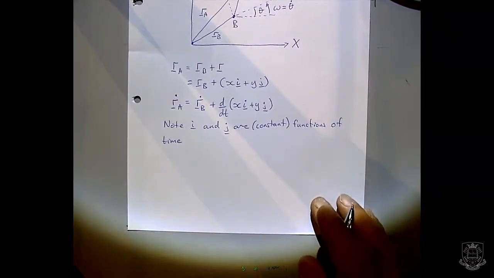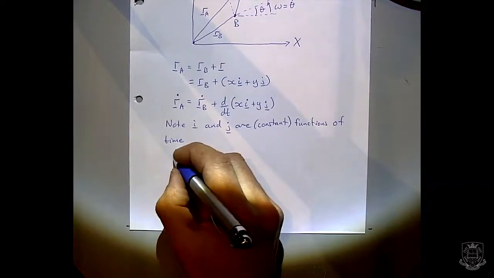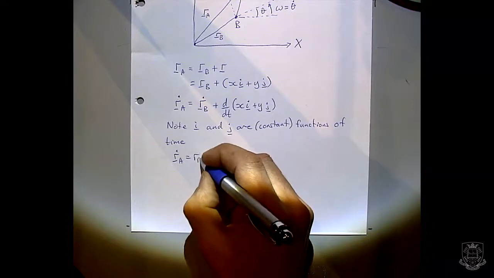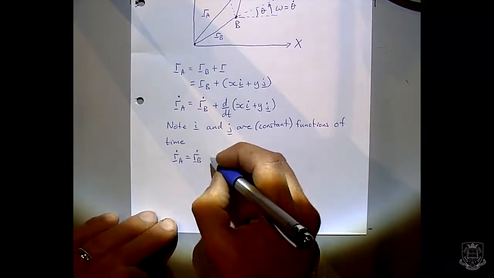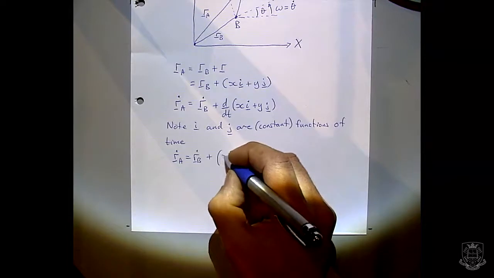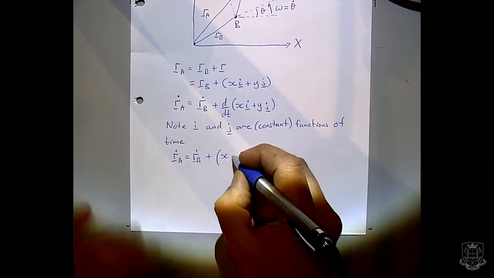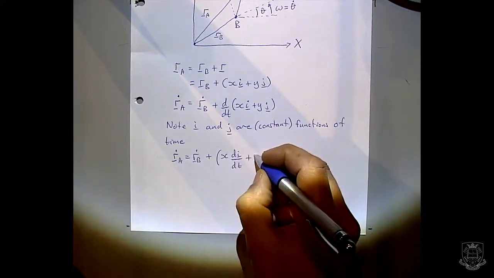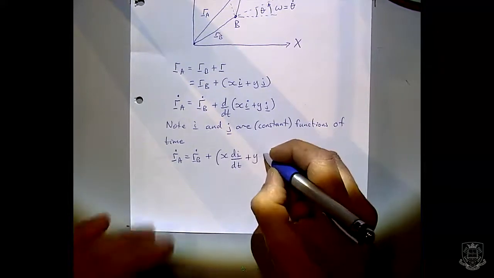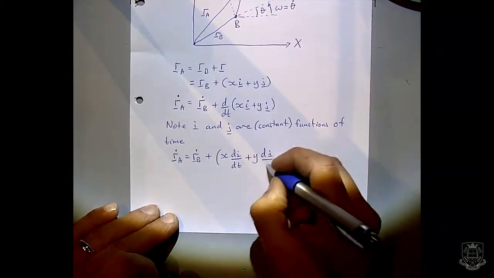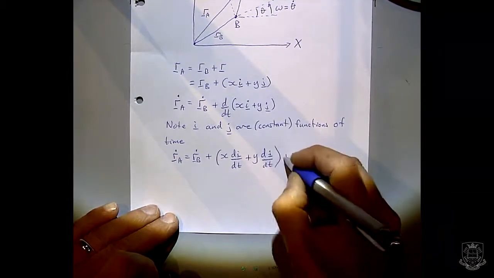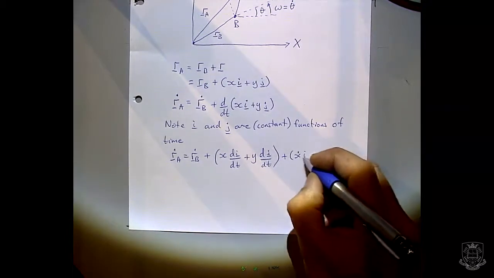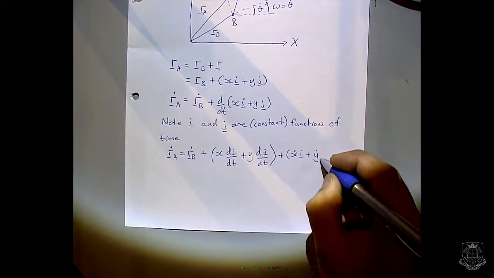If we differentiate that bracket, we're going to get that same on the left-hand side, RA dot equals RB dot, then we get x times di by dt, and then y times dj by dt. And then the other terms are x dot times i plus y dot times j.